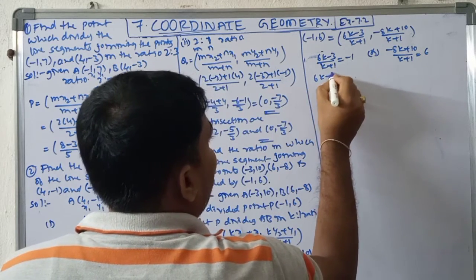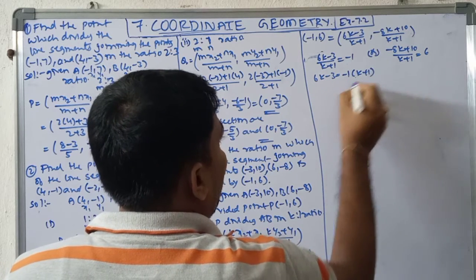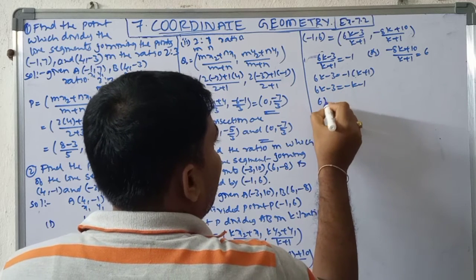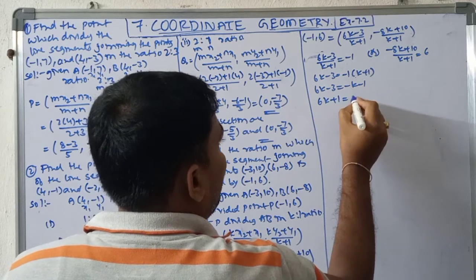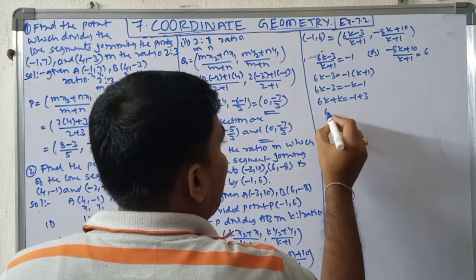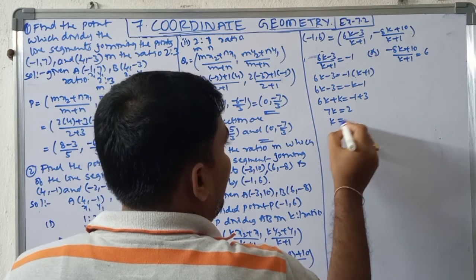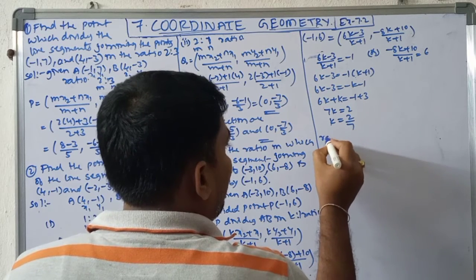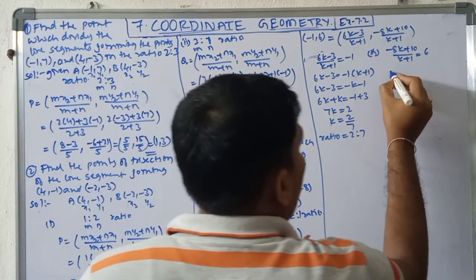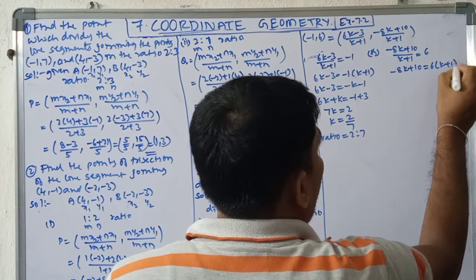So 6k minus 3 equals -1 times (k + 1), which is minus k minus 1. 6k plus k equals -1 plus 3, so 7k equals 2, k equals 2 by 7. So the ratio is 2:7. If we do the other one, -8k plus 10 equals 6(k + 1).